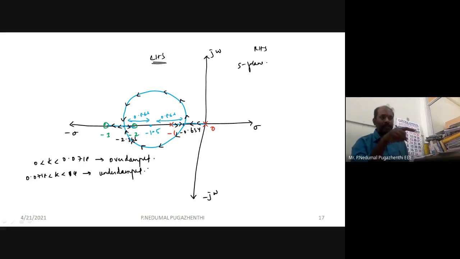If you substitute these values, you probably will get a zeta value between 0 and 1. And if k is greater than 14, you will get an overdamped system again.